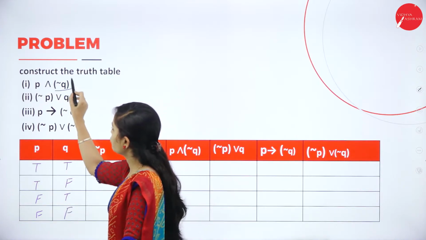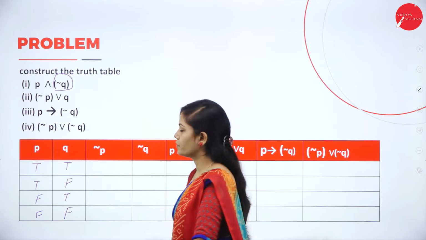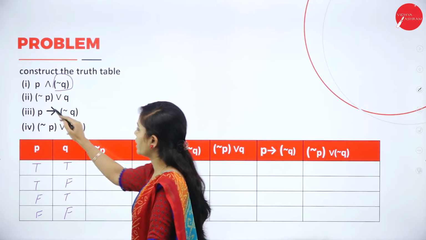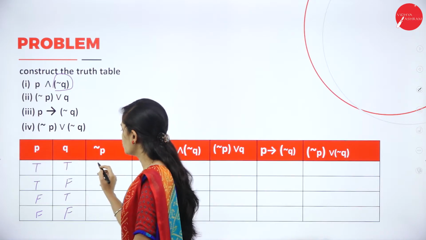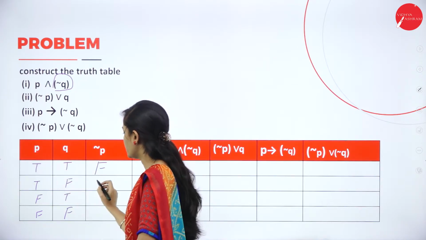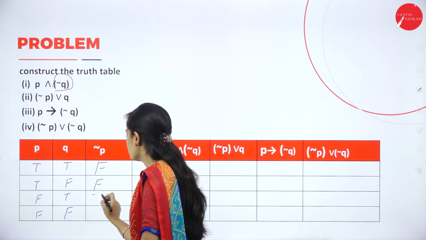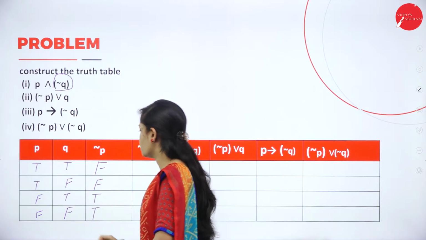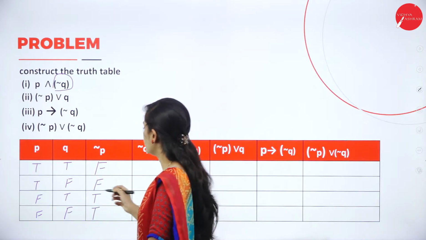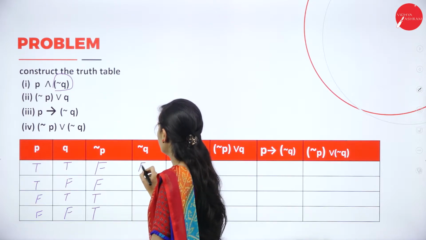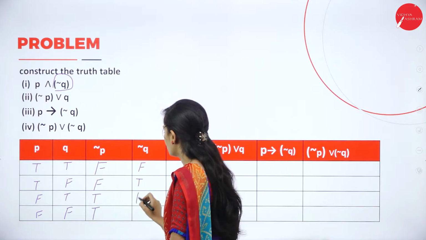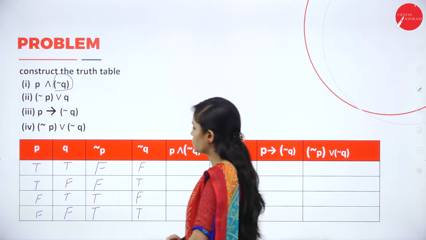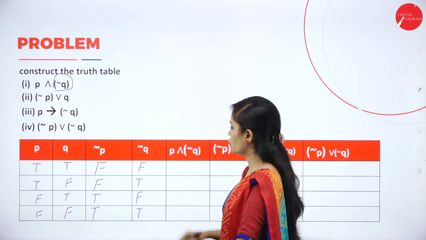First I will find negation P and negation Q. Negation P: true changes to false, true to false, false to true, false to true. And negation Q: true changes to false, false to true, true to false, false to true.